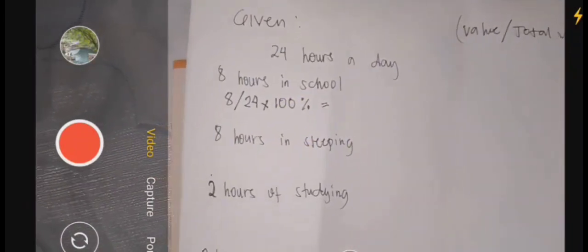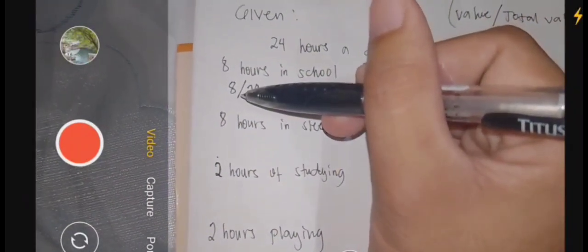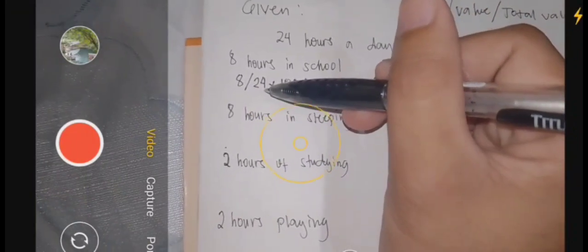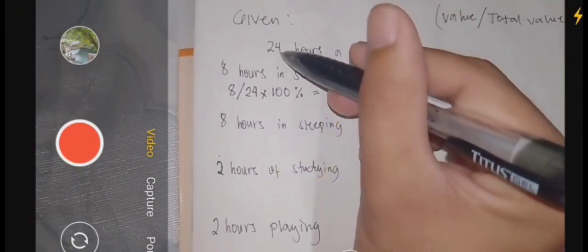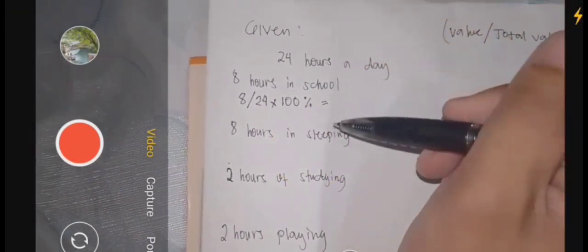Here is the example. The value is the 8 hours in school. The total value is 24 because we have 24 hours a day.